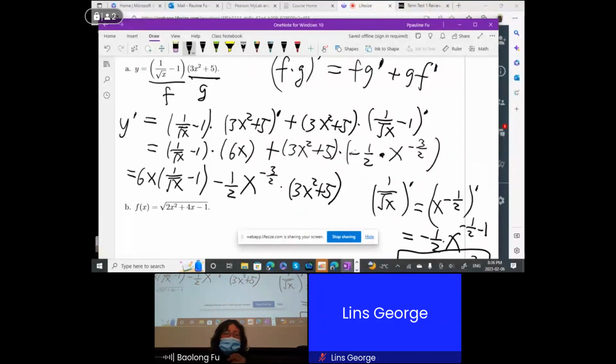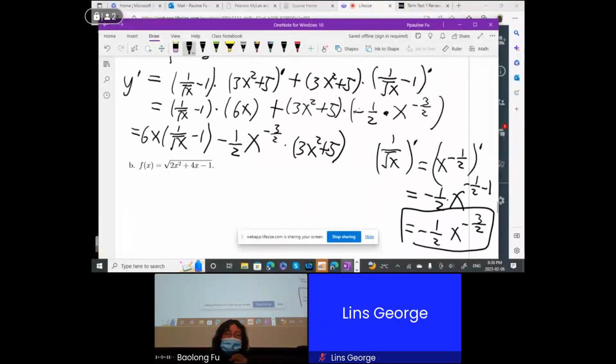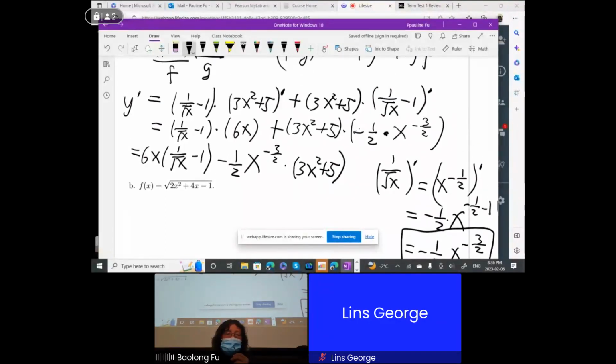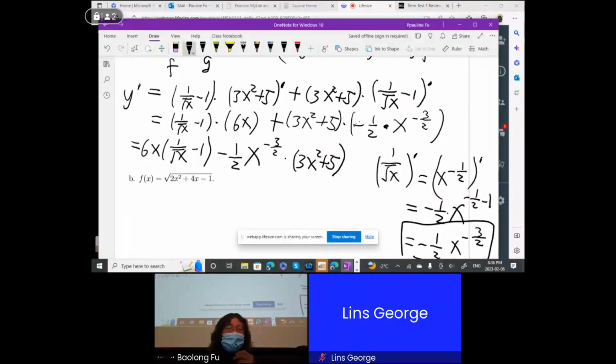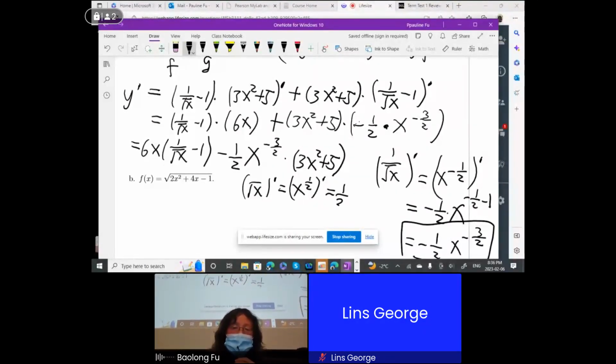Okay, this is question A. Question B, find the derivative of f(x) equals square root of x. So we know the derivative of the square root. It is x raised to the power 1/2, derivative 1/2 x to the power 1/2 minus 1. It is 1/2 x to the negative 1/2.